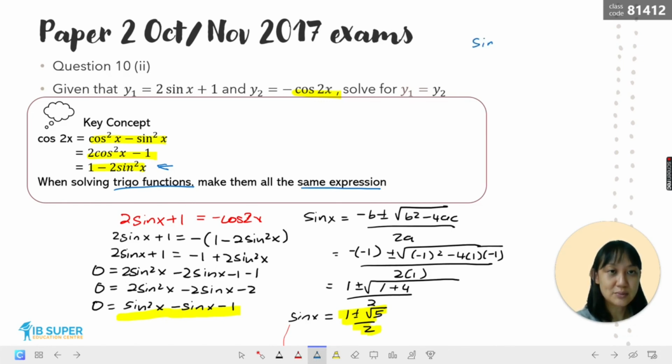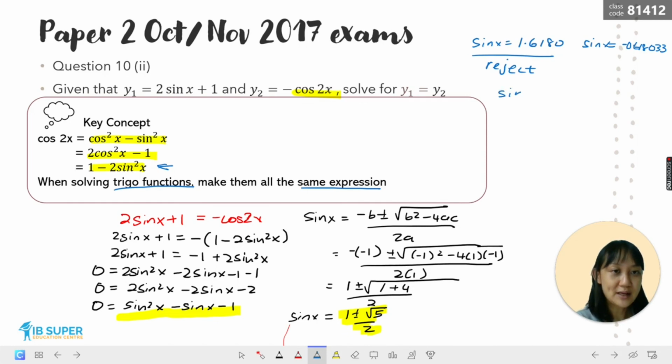So sine x could be equal to 1.6180, or sine x equals negative 0.618033. Hope you can see my handwriting. I'll try to make it a little bit bigger in the next line. Clearly, this one you reject because sine cannot be greater than 1.